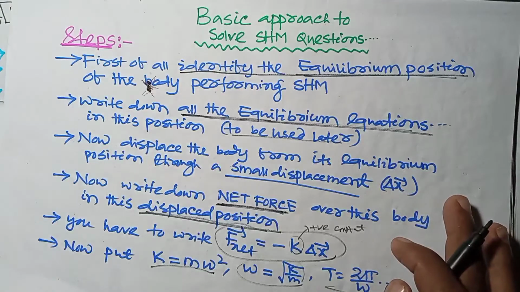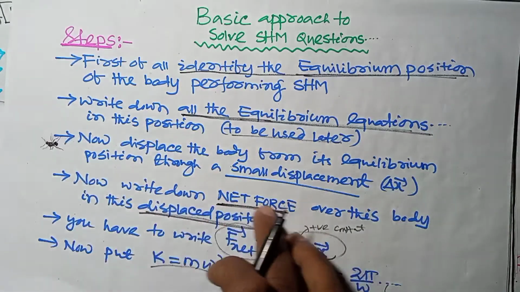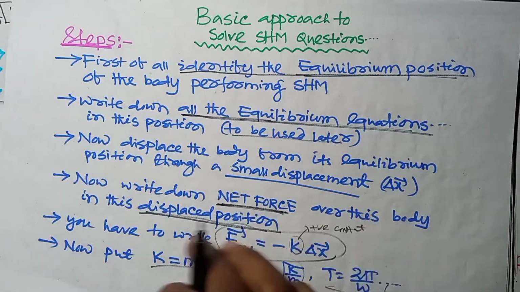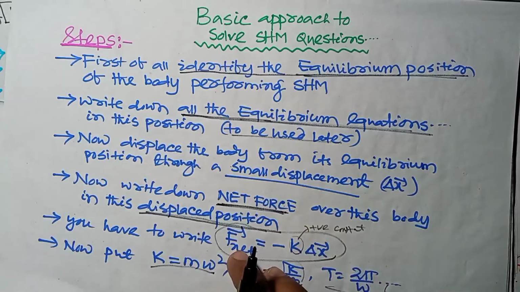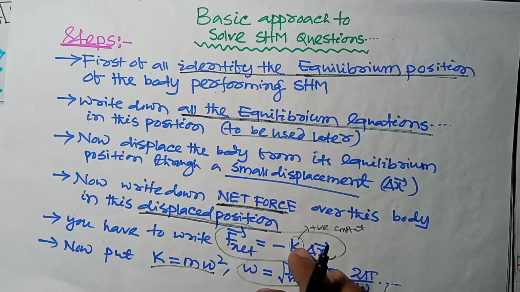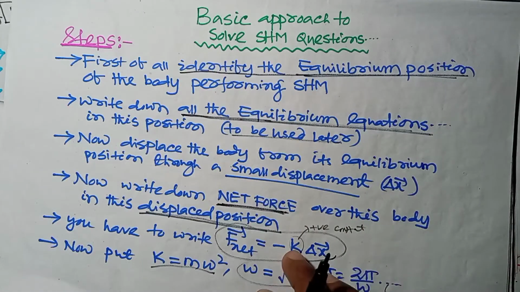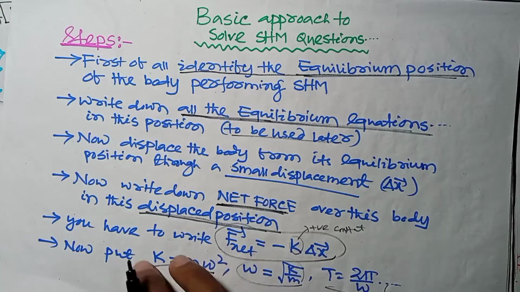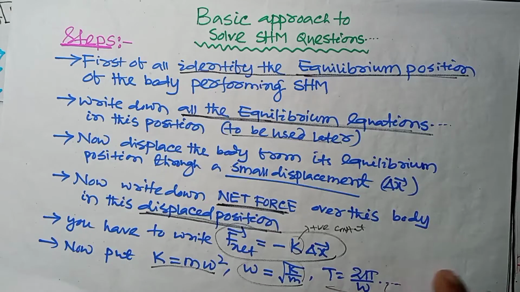Then we write down the net force over this body in this displaced position and bring it into this format: F equal to minus k times delta x, where k is a positive constant. Then put k equal to m times omega square. From this we can calculate omega, time period, frequency, etc.